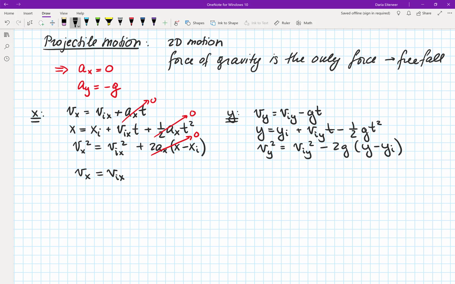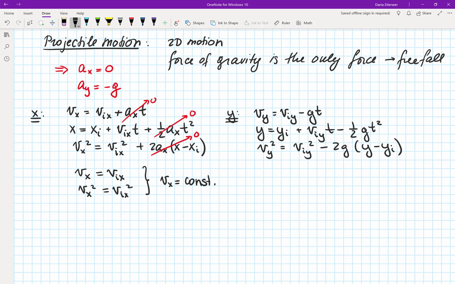That's really not much of an equation. The last of these three turns into vx squared equals vix squared. That basically means the same thing, and again, it's not much of an equation. So basically what this means is that velocity in the x direction is constant.